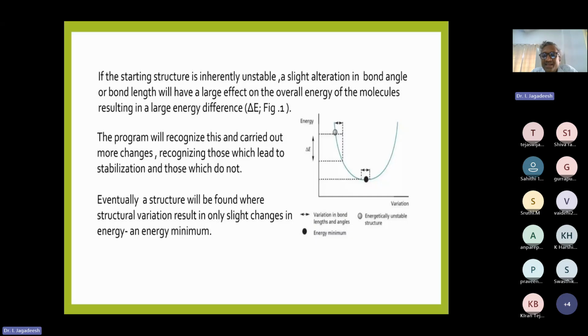So when we are varying different bond lengths and different angles on the x-axis, we are going to have so many responses out of it. We are going to keep on repeating it. After particular repetitions, the energy state goes high again.